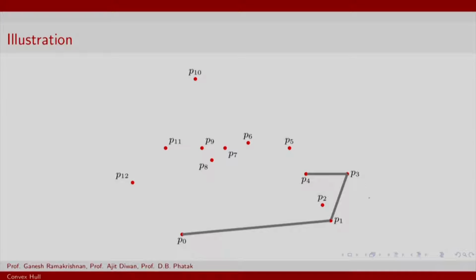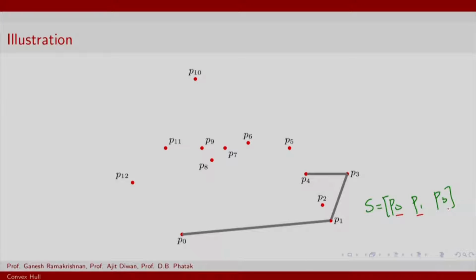So now the stack S has the following elements. S is P0, P1, P3. We know that P0 and P1 should be included.